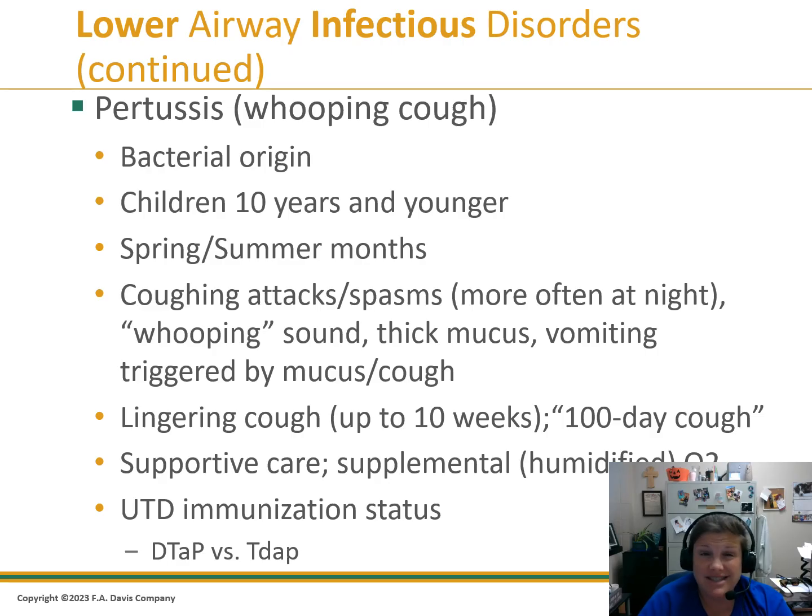So from infancy through about age 4, the child's receiving numerous doses of DTaP, and the P in that is pertussis or whooping cough. Then the child turns 11 and they get a Tdap, still the P, meaning pertussis. And then every 10 years from that point forward, they get a booster Tdap, which has that booster protection of pertussis in it as well.